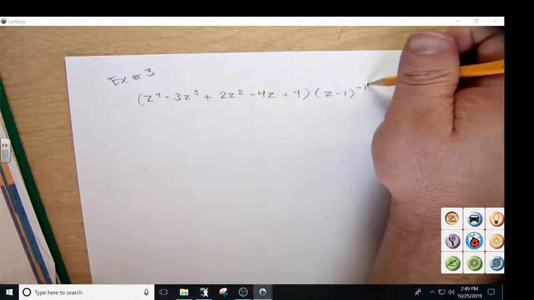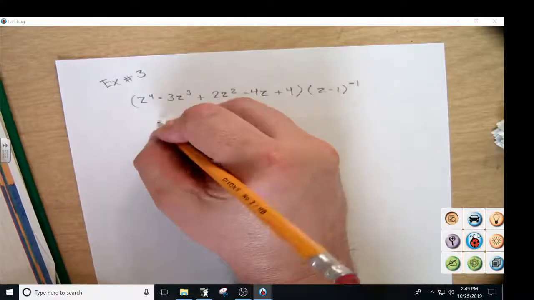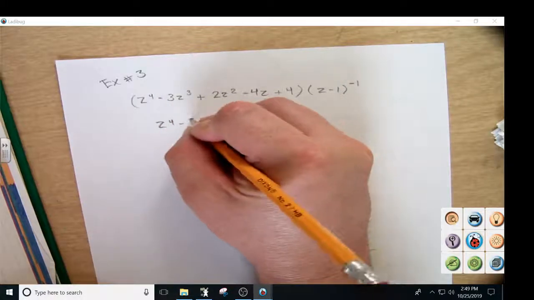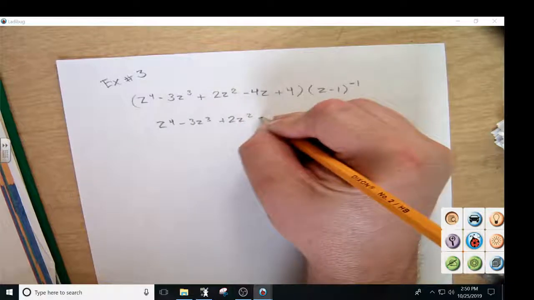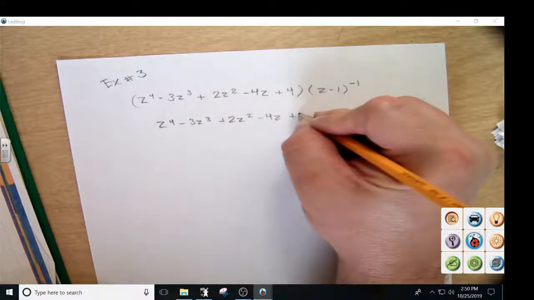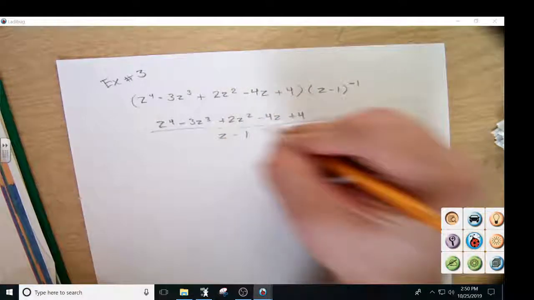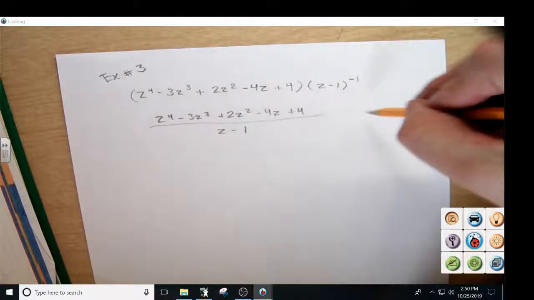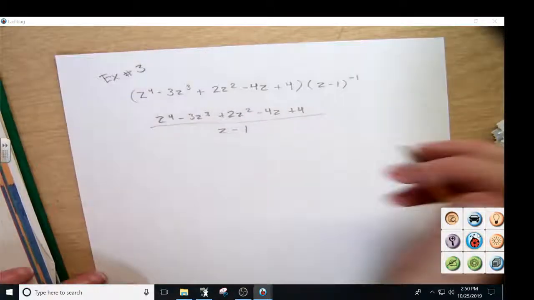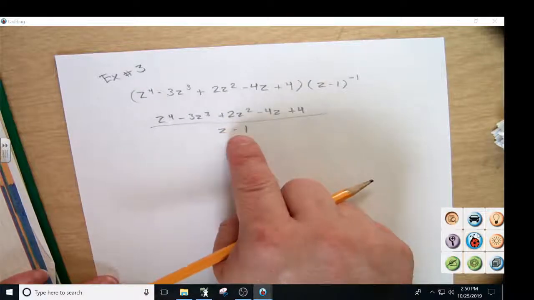So what we do there, anytime we have a negative exponent, we put this on the bottom. What that looks like is this: z to the fourth minus 3z cubed plus 2z squared minus 4z plus 4 divided by z minus 1. Well, if you think about it, division is the same if it's under here or divided by out here. Same thing.